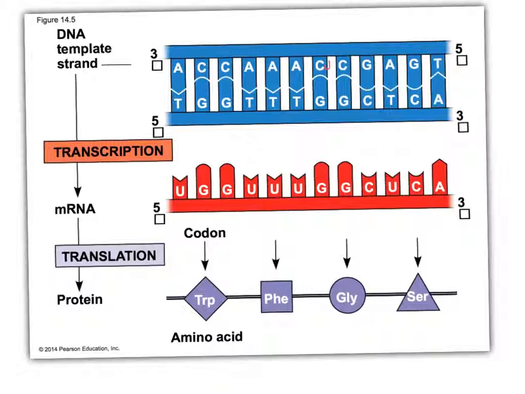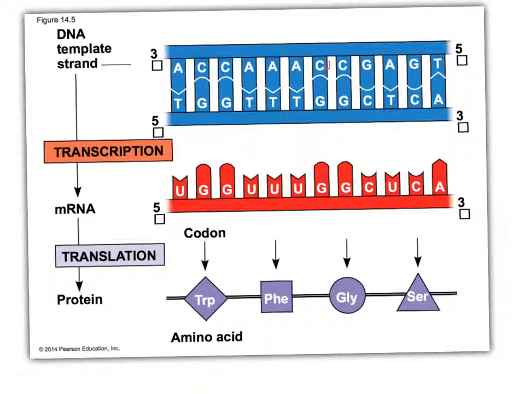A. So let's look. Which one of the strands here in DNA, top or bottom, is the template strand for that RNA? Is it the top or the bottom strand? Top, right?